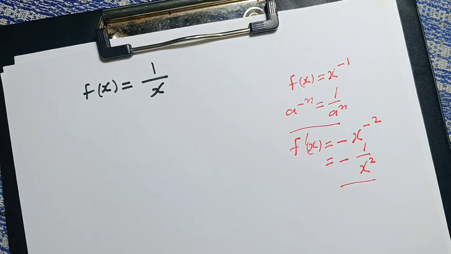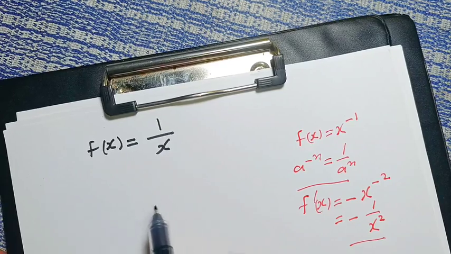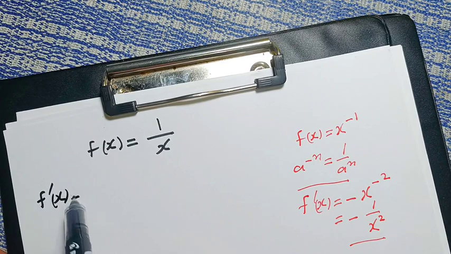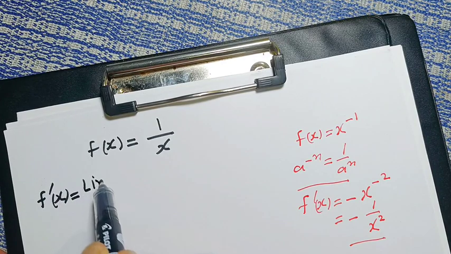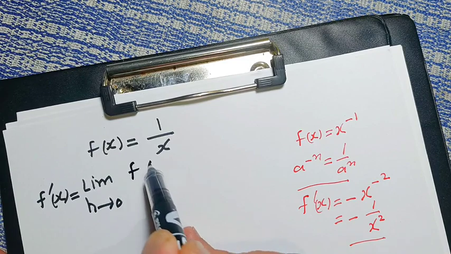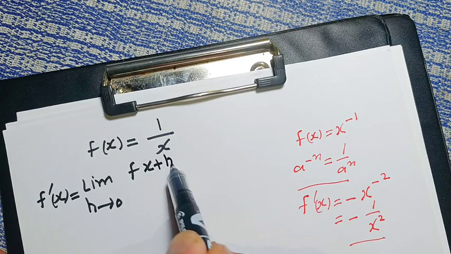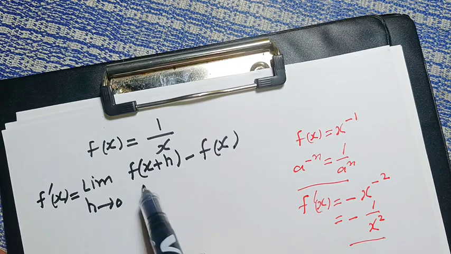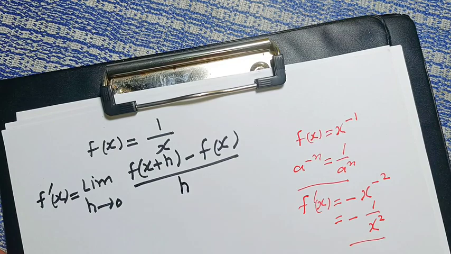Have a look. The formula says f prime of x is equal to the limit as h approaches 0 of f of x plus h minus f of x, over h.